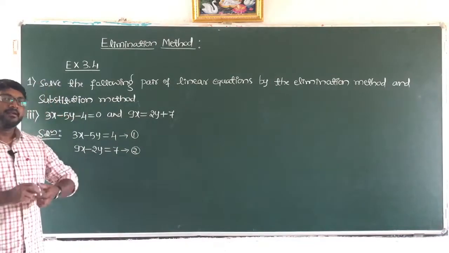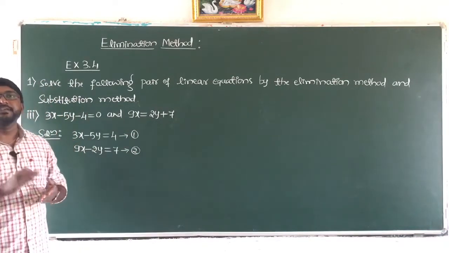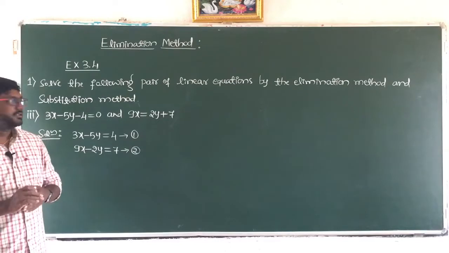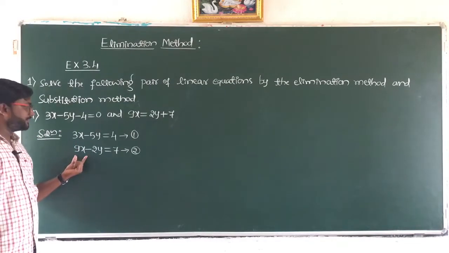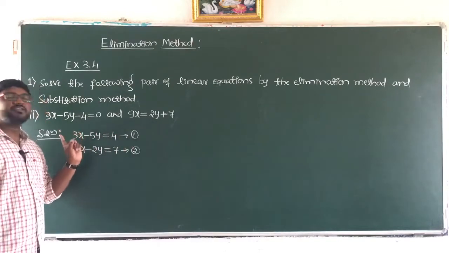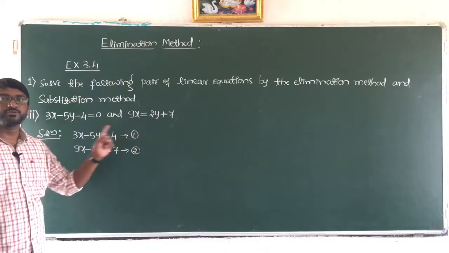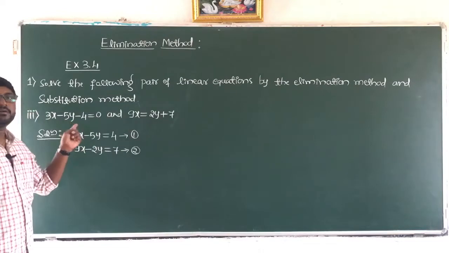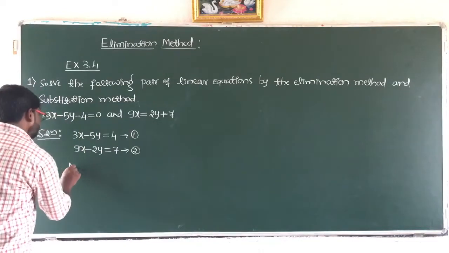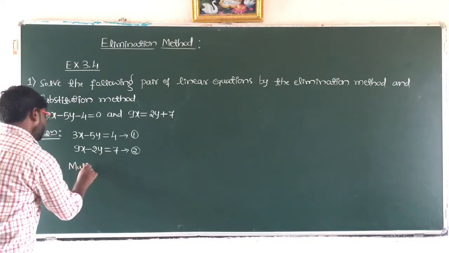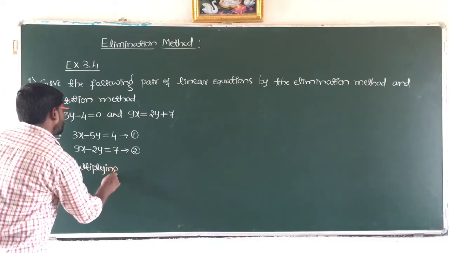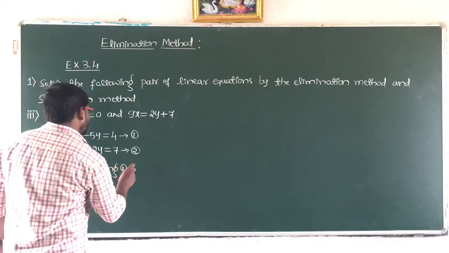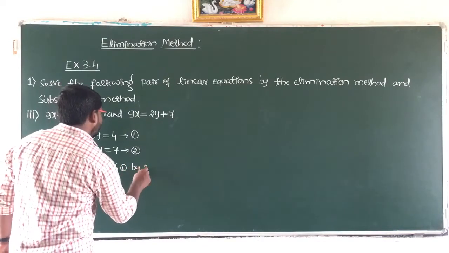So now we have to make either x equal or y equal. So now I will be making x equal. Here we have 9x. So that means for the first equation, both the sides we have to multiply by 3, so that we get 9x in the beginning. So now see here, multiplying equation 1 by 3.